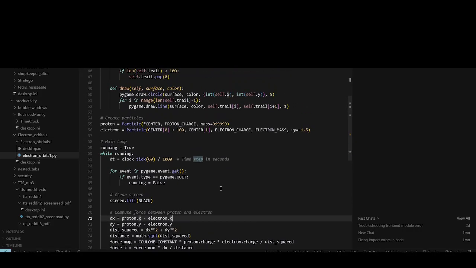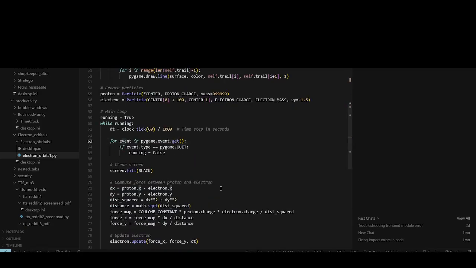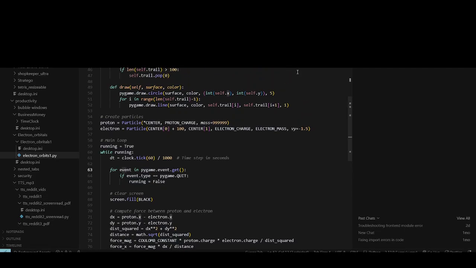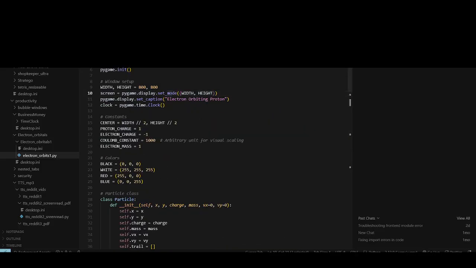Is there one for velocity? Where are we? I can't see what you're saying. No results. No results.